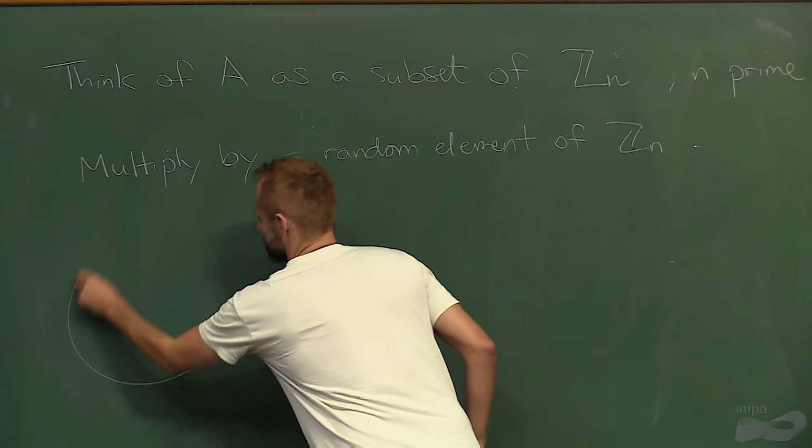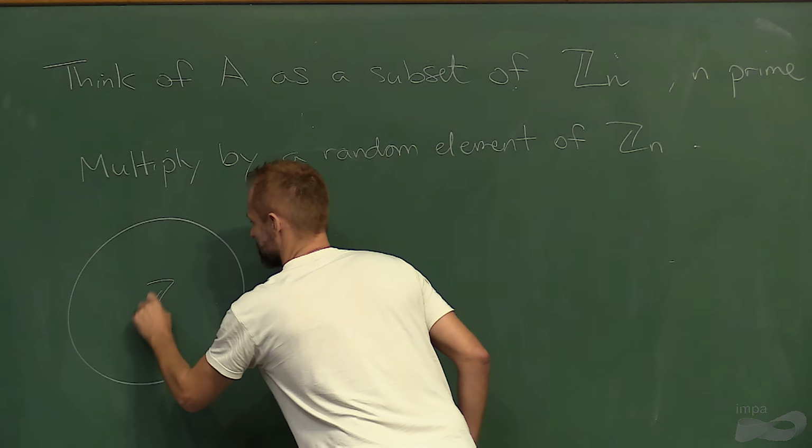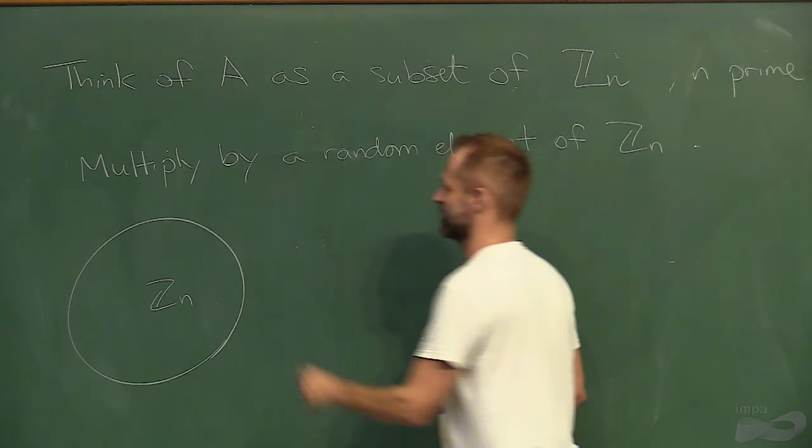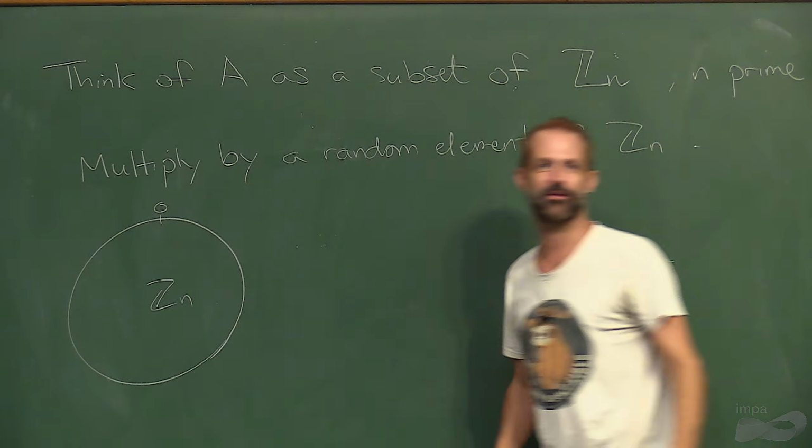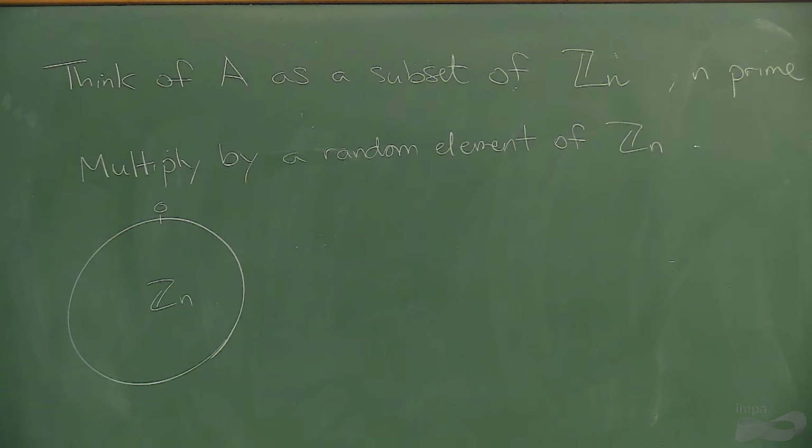So here's Zn. Here's 0. I would like to find a sum-free set inside Zn that's quite big. So n is prime, so I can't just take the odds. And it's cyclic, so I can't take the second half. Doesn't mean anything. What's a large sum-free set in the cyclic group?